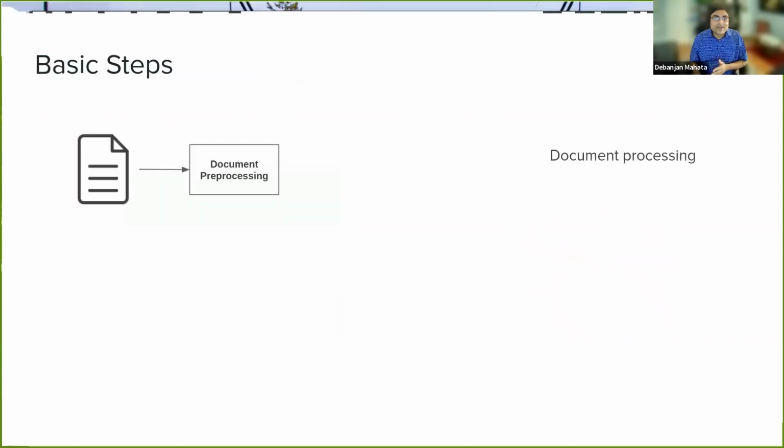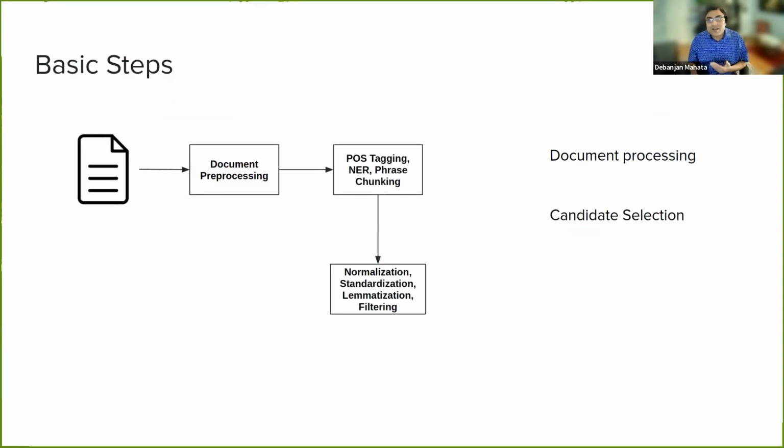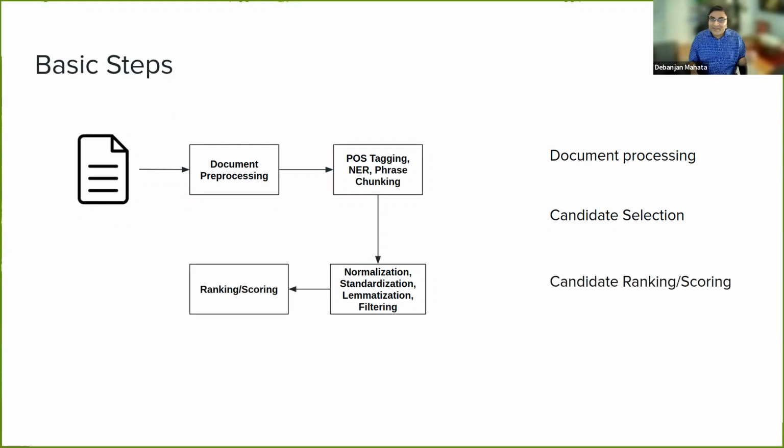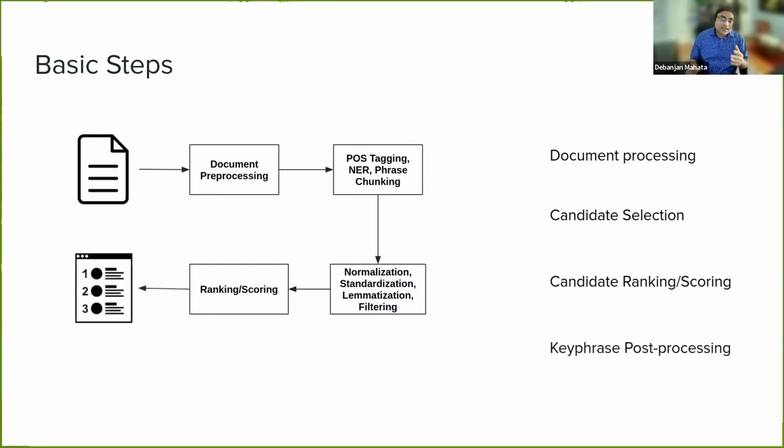But most of them have these basic steps. You start with document processing, then you select a bunch of candidate phrases, and then you come up with some kind of algorithm which ranks or scores these candidates, and then you do some post-processing to actually identify these keyphrases.